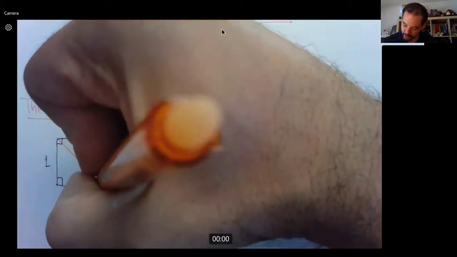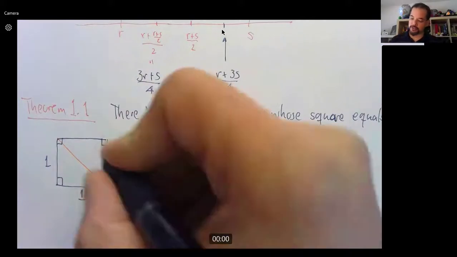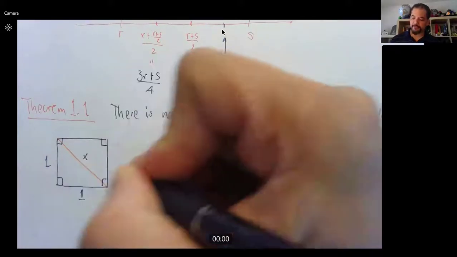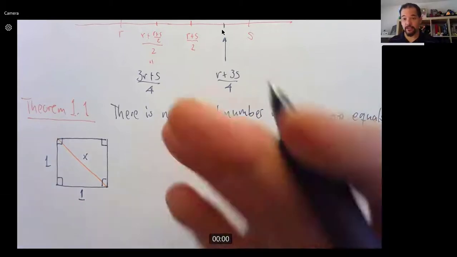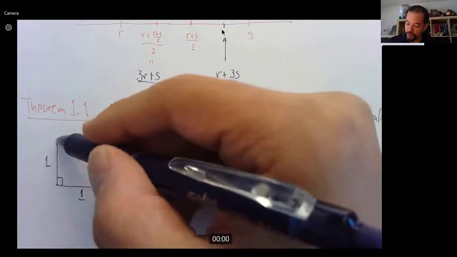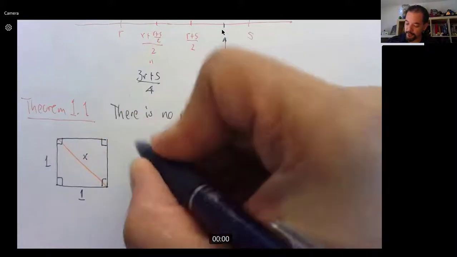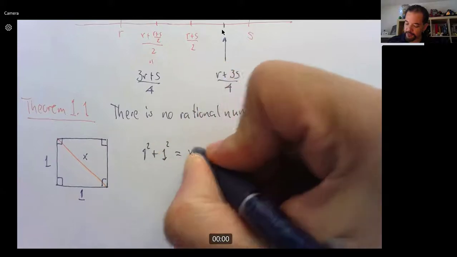If we call it x, and we knew the Pythagorean theorem, which they did, they even proved it, then you would know that 1 squared plus 1 squared equals x squared.